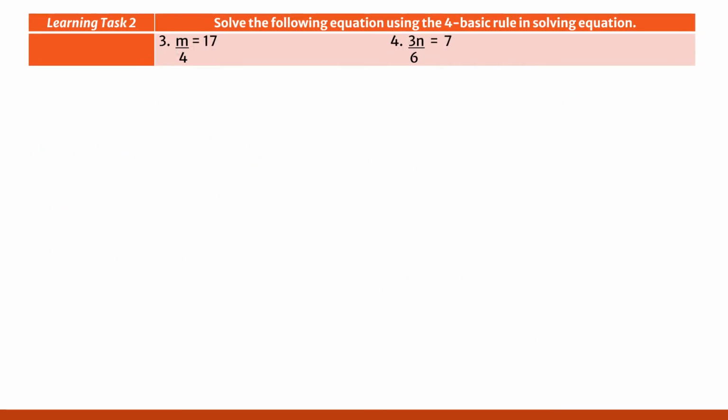Problem number 3. M over 4 is equal to 17. Pag sinabing m over 4, it is the same as 1m, okay, over 4 equals 17. So if you notice, meron tayong numerical coefficient na fraction, 1/4.